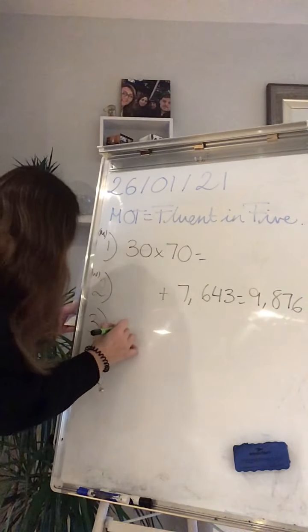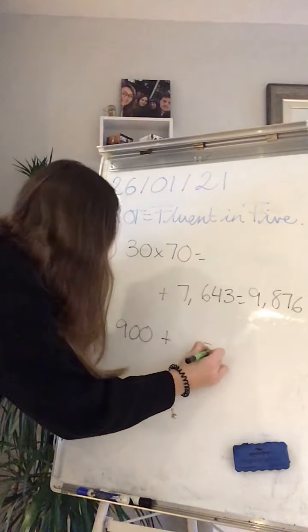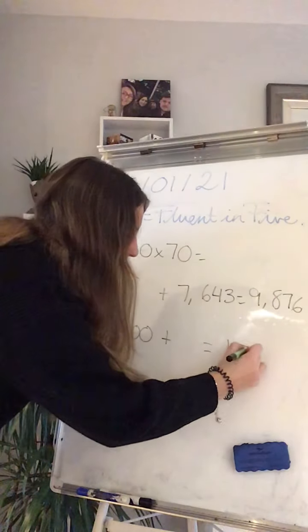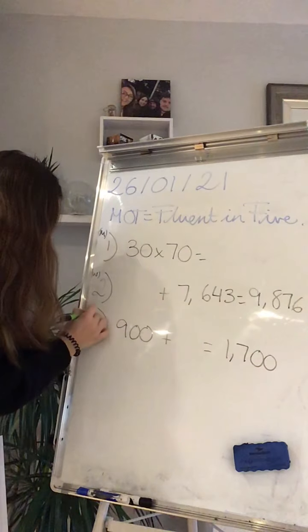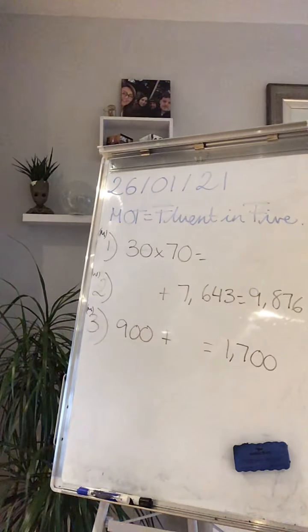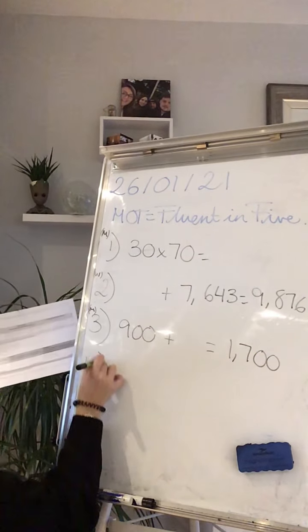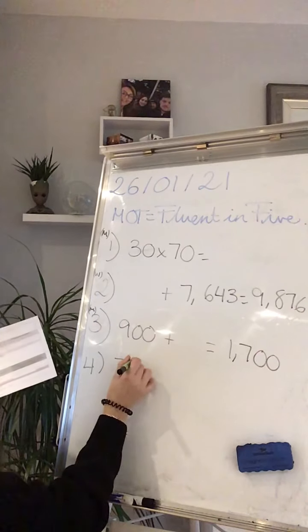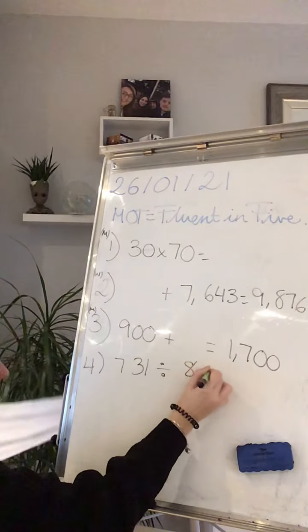Exercise 3: 900 add something equals 1,700. This one you can do mentally, I think. Number 4: 731 divided by 8.